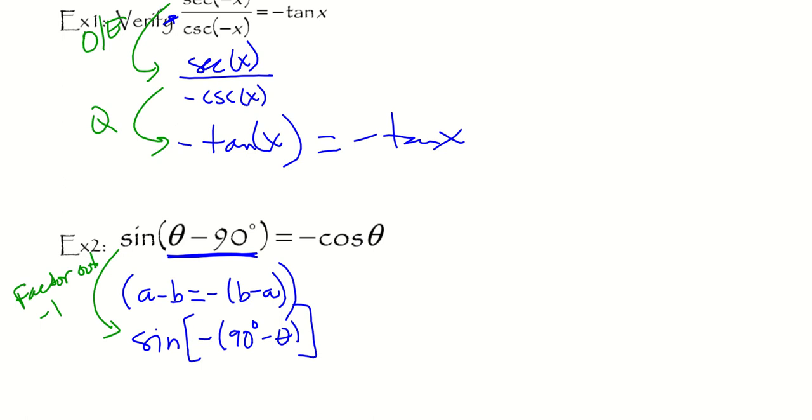Now, that leaves a negative in front of my input. So think of this like my x, and I have the sine of negative x. Because the sine is an odd function, we know the sine of the negative of something is the same thing as the opposite of the sine of the positive, right, of what we have the negative of. So of the positive of 90 minus theta.